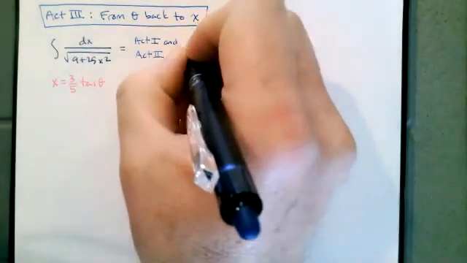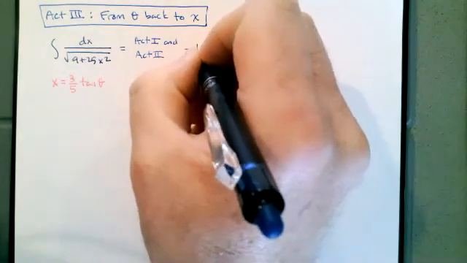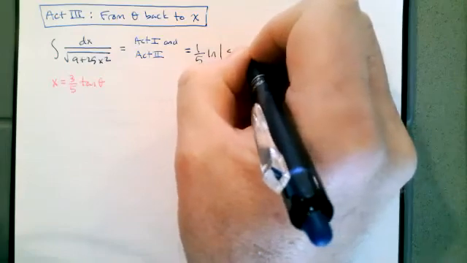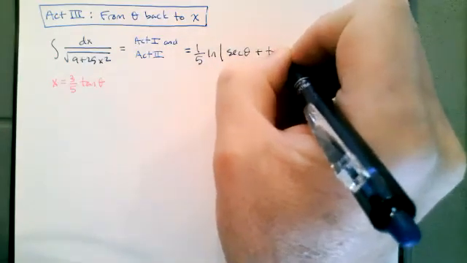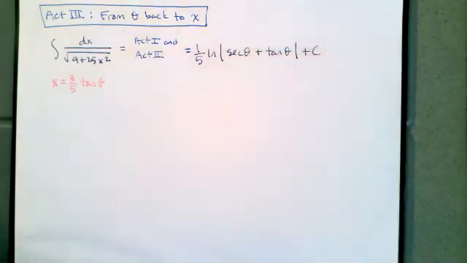And we ended up with 1/5 the natural log of the absolute value of secant theta plus tangent theta plus c. So after Act 1 and Act 2, this is our antiderivative in theta.